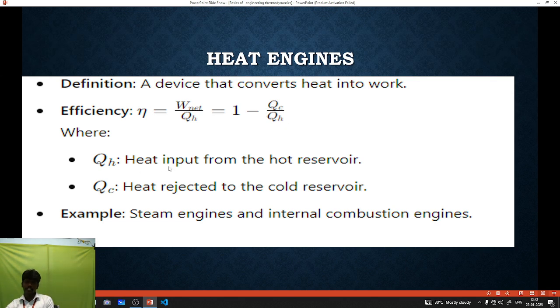QH represents the heat input from the hot reservoir. QC is heat rejected to the cold reservoir. Examples: steam engines and internal combustion engines. Once again, efficiency equals 1 minus the cold reservoir over the hot reservoir.